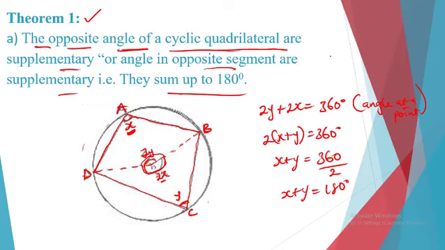So if 2x is 180, then x is 180 divided by 2, which will give us what? 90. Do we understand? So 2x is the double of x, and 2y is the double of y. Do we understand? So x plus y is 180, and 2y plus 2x is 360.